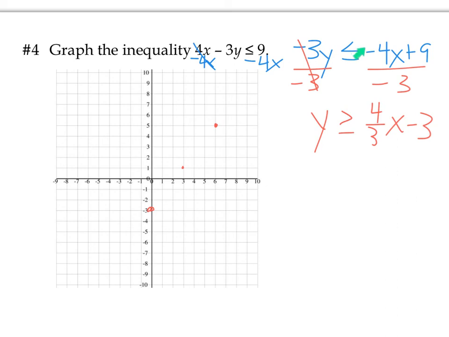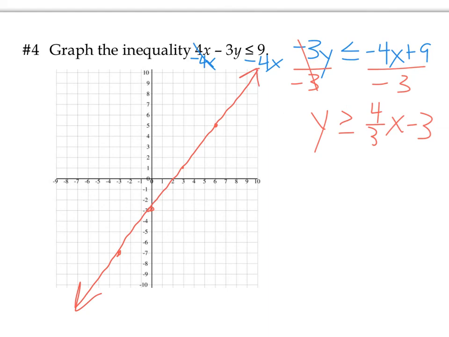Negative 4 over negative 3 would be down 4, left 3. That still gives me the same positive slope. If I do that, we'll see how that works out. I'm going to go down 4 and left 3. And I have that point. And I'm going to have a solid line through those points. And then I have to figure out a point to test and to shade it.